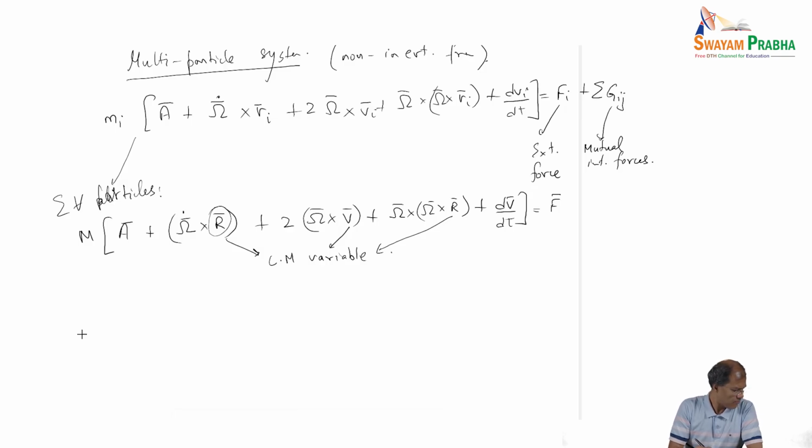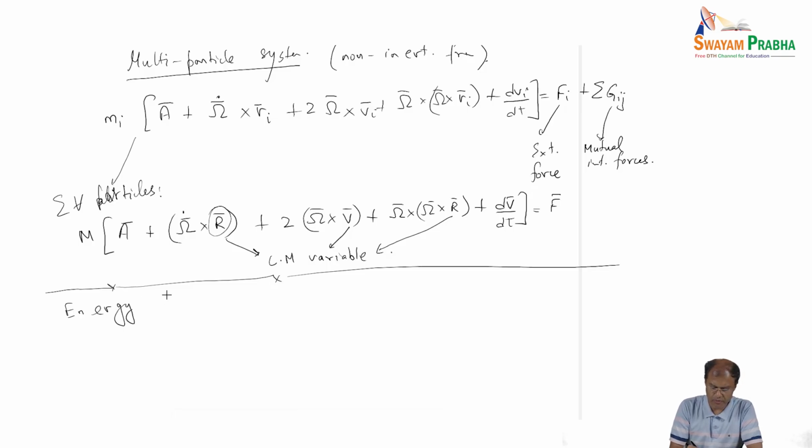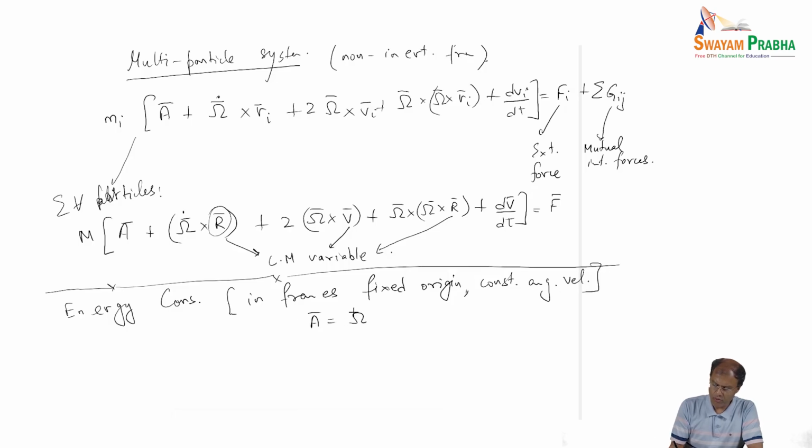So then if we talk about energy conservation, so energy conservation of the system of particles. So in frames with fixed origin and constant angular velocity, we see that A and omega dot are 0, right?